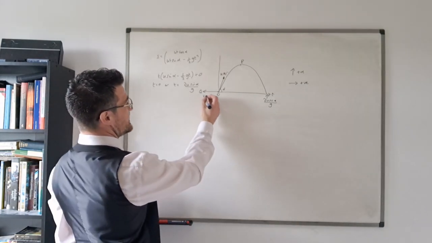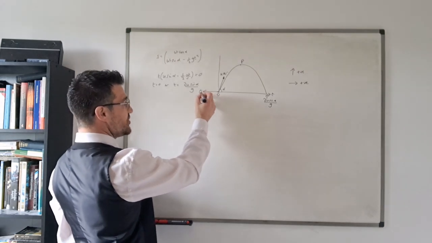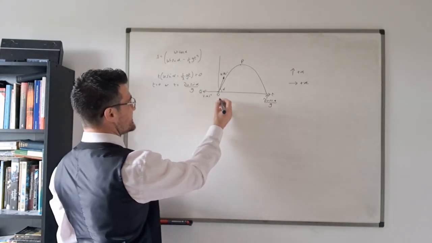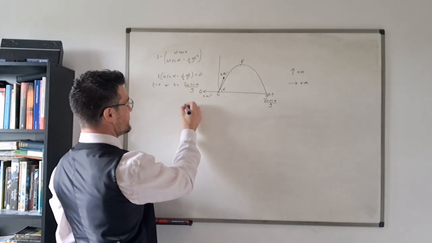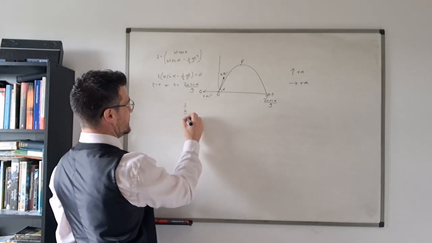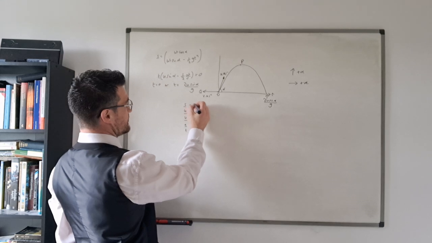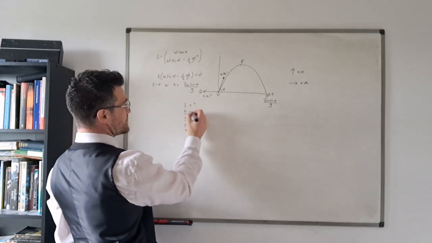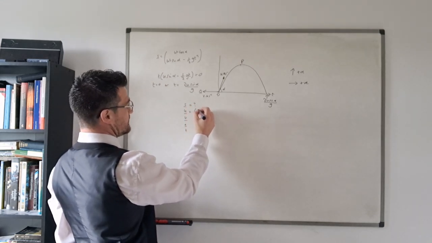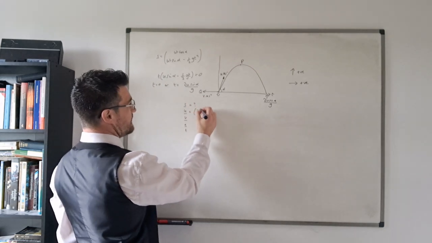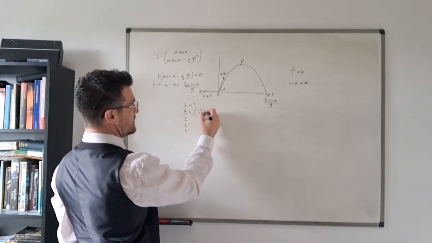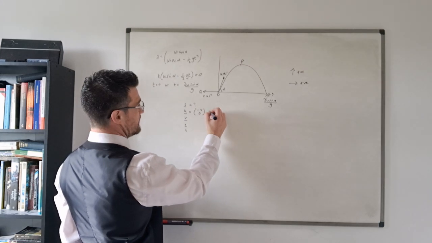We need to find the position vector of Q at time t, which is fairly straightforward. Again, it's suvat. S is what we're interested in, u is equal to minus v, in meters per second.